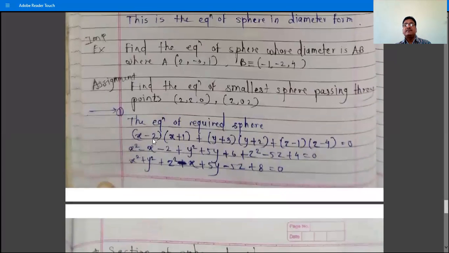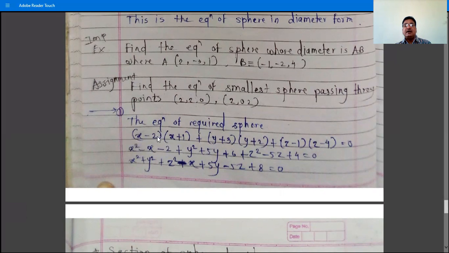So simplify this. Multiplying these two brackets, we have 4 terms: x into x, x square, plus x minus 2x, that is minus x, and minus 2.